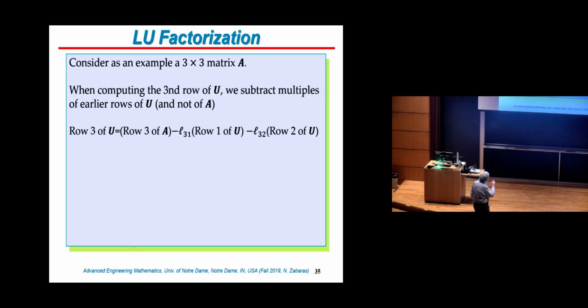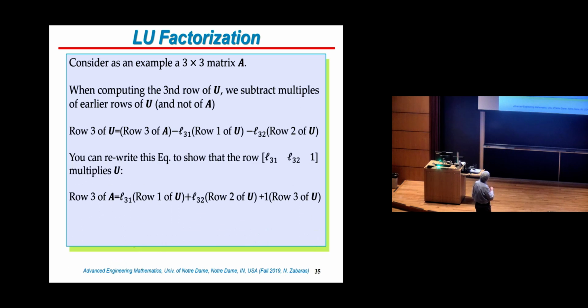So if I take this equation and rewrite it, it says row 3 of A is L31 times row 1 of U, L32 times row 2 of U, and 1 times row 3 of U. So you know what that is?